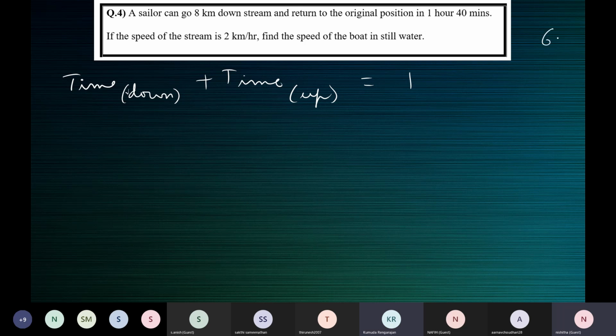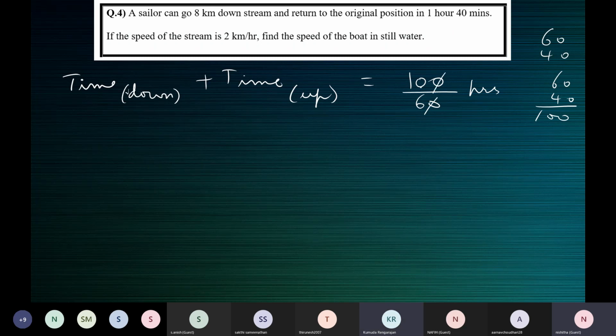60 plus 40, 100 minutes. So you can write it as 100 by 60 hours. Children, 1 hour 40 minutes. So 1 hour is 60 minutes, 60 minutes and 40 minutes, 100 minutes. 100 minutes is 100 by 60 hours.